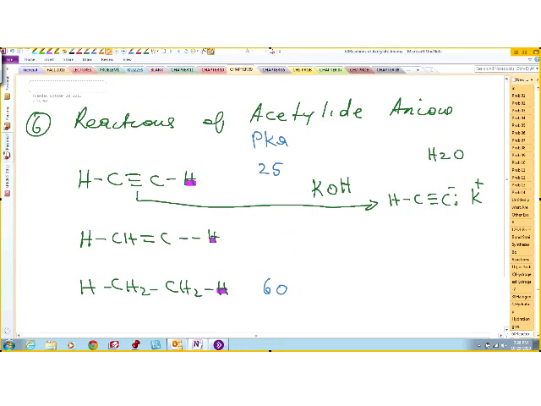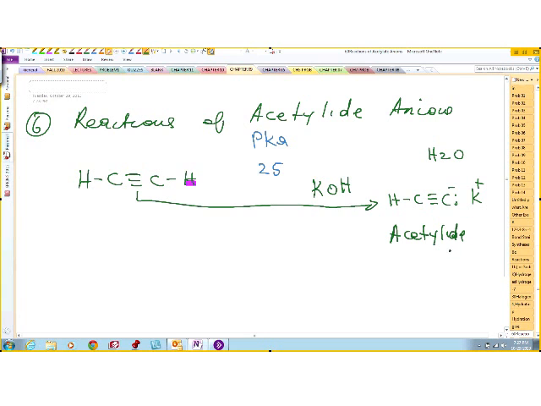We could also use sodium amide for the same purpose. So do you get three products? No, you get the acetylide. We call this acetylide ion.